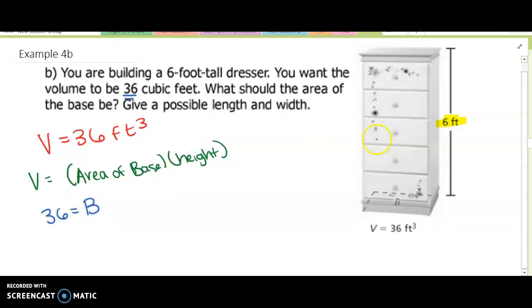I'm just going to call it B, and our height is 6. So divide by 6, divide by 6. 6 equals area of the base. So if the area of a base is a rectangle and the area of the base is 6, I don't know, we could have like a 2 by 3 foot, or 3 by 2, or 1 by 6, or 6 by 1. Those would all be possible dimensions.